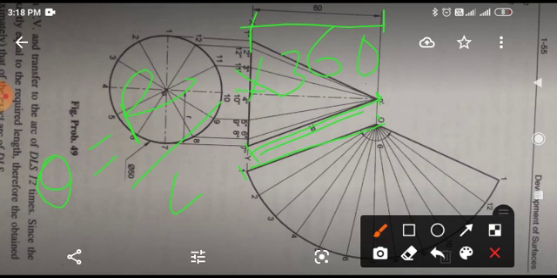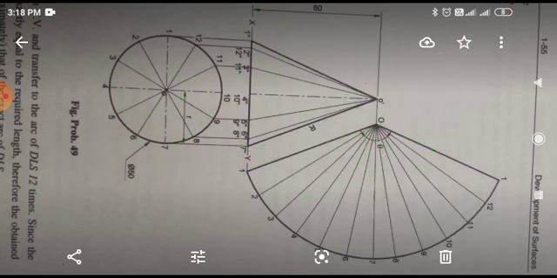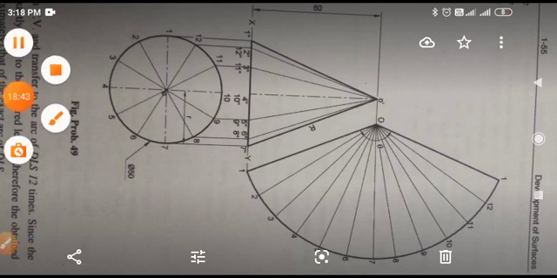This is 25 and this is total 60 millimeter. Is this 60 or 80? 60. So taking the square root of 60 squared plus 25 squared, you will get the slant height of that cone. Let it be, wait a second.